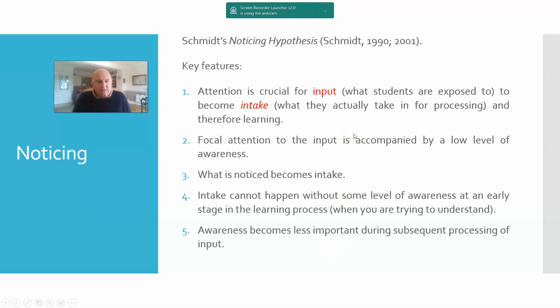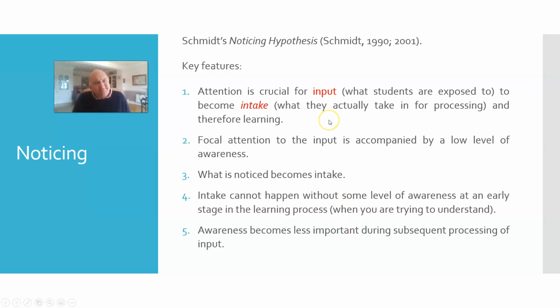Now, when it comes to language acquisition, I've mentioned to you in a previous talk the Schmidt noticing hypothesis. The idea, which is very influential in language acquisition circles, that we do need to pay attention to the form of the language to help us acquire that language when we're learning a second language.